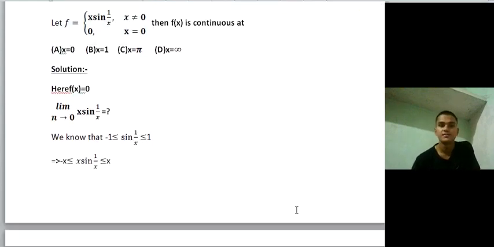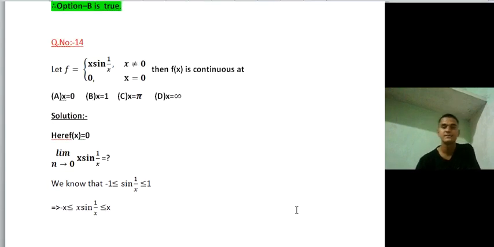Question number 14. So here, what is our business? Our business is to find out where the function is continuous: at x is equal to 0, or at x is equal to 1, or at x is equal to pi, or at x is equal to infinity. We know a function is continuous when the limiting value of the function is equal to the functional value of the function.